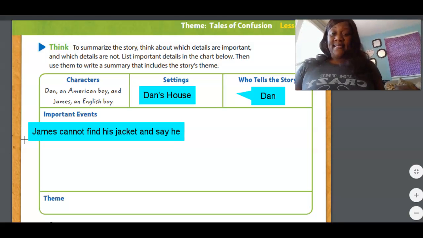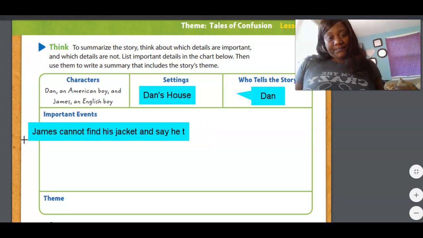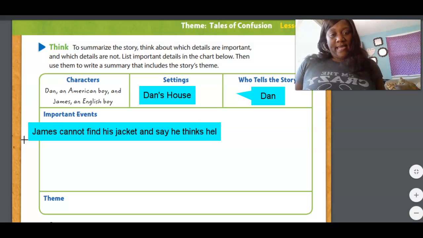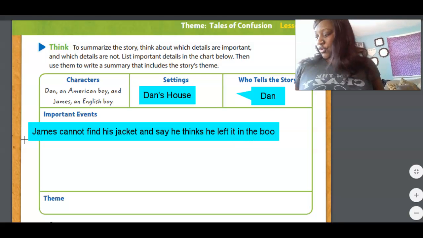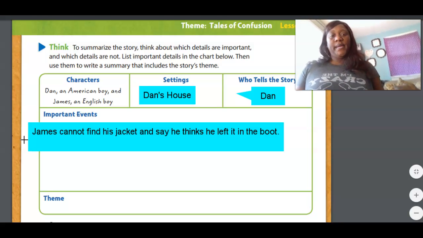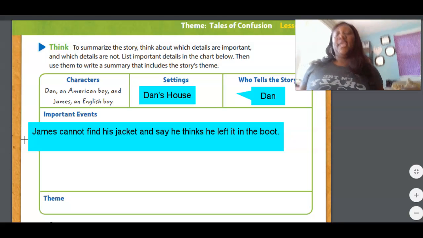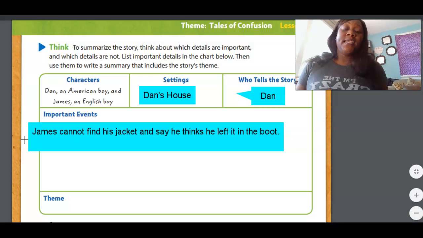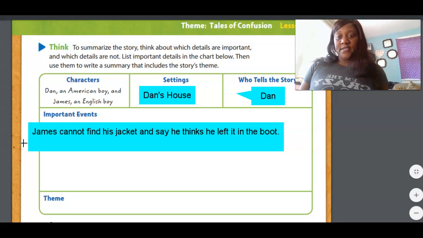And says he thinks he left it in the boot. So is that something that happened at the very beginning of the story? Right. That's correct, because when we are summarizing, we start from the beginning and then we go to the end, just using key details. Next, what happens?